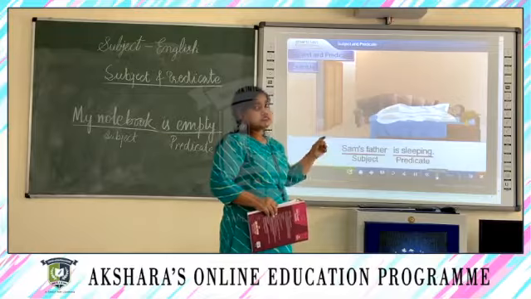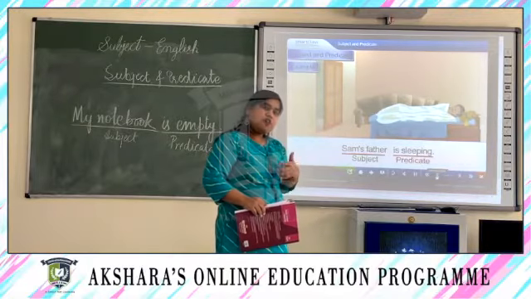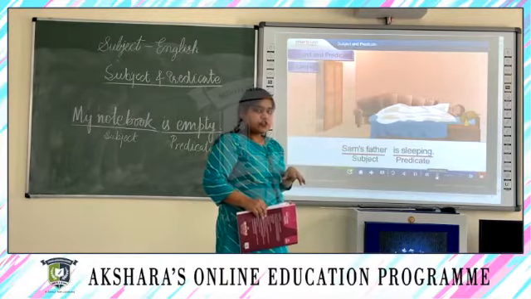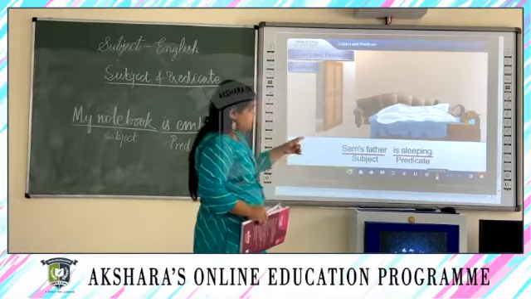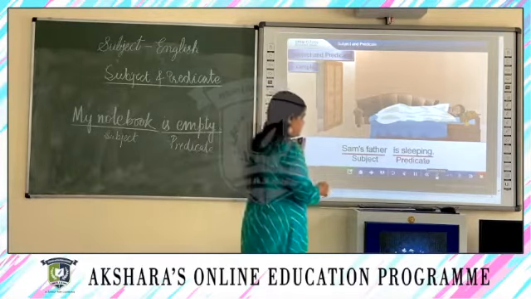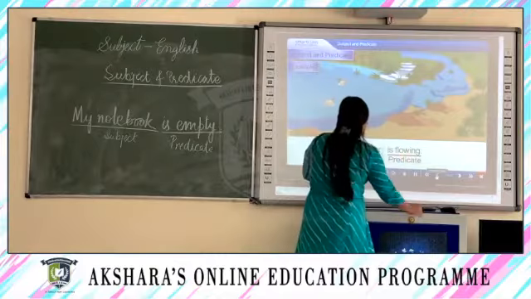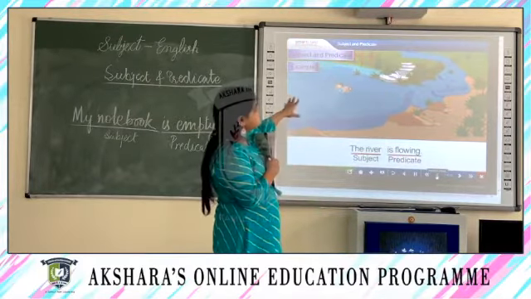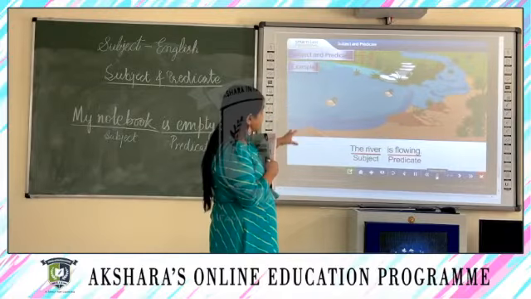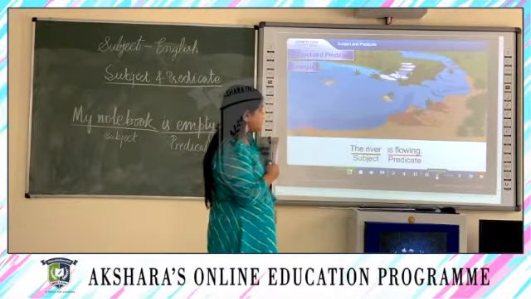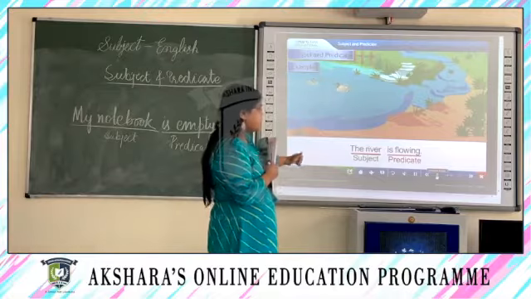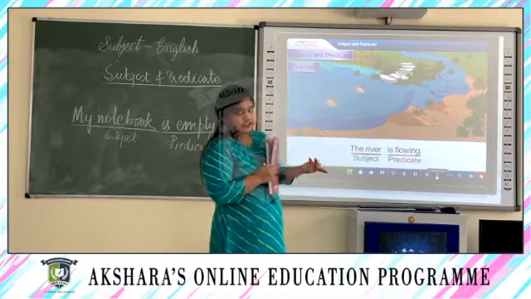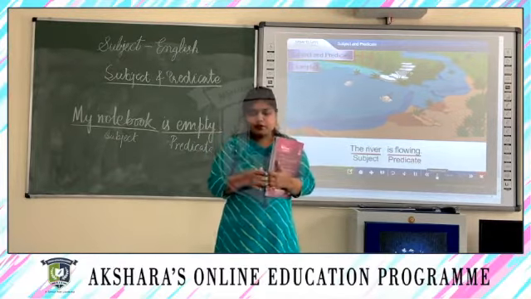Who is sleeping? Sam's father. This is how you have to ask yourself a question to get an answer. So is sleeping is the predicate. The river is flowing. As you can see, the beautiful river is flowing and there are some ducks in the river. What is flowing? The river. This is how we have to go about it.